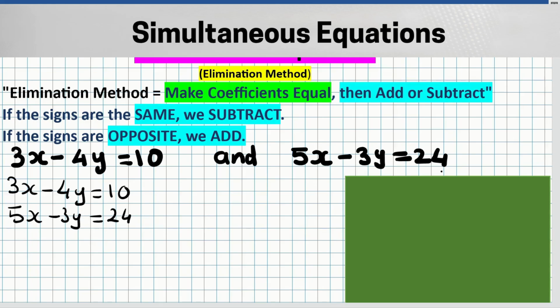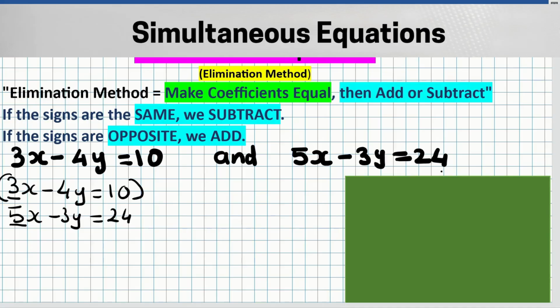So yeah, it's up to you which variable you want to remove or make it 0. So if we decide to remove variable x, what do we have to do? We have to find the LCM of 3 and 5.